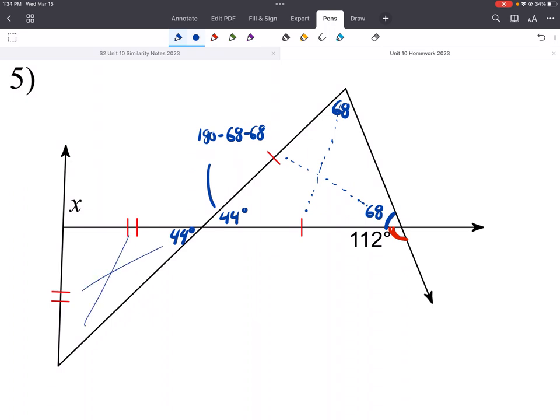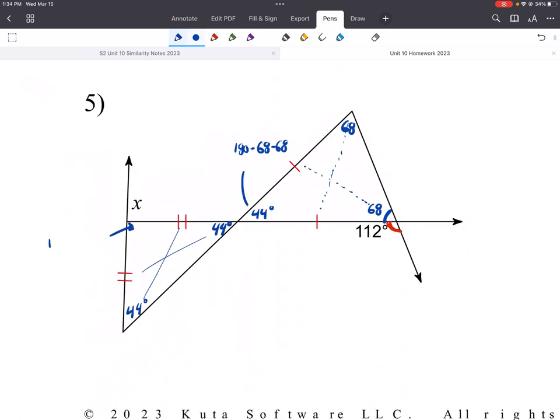This is an isosceles, which means that this is also 44. And then this has to be 180 minus 44 minus 44, which I think gives you 92, which means this has to be 180 minus 92, which gives us 88. Wait, yes, 88. Okay, so 88 is what x has to be.